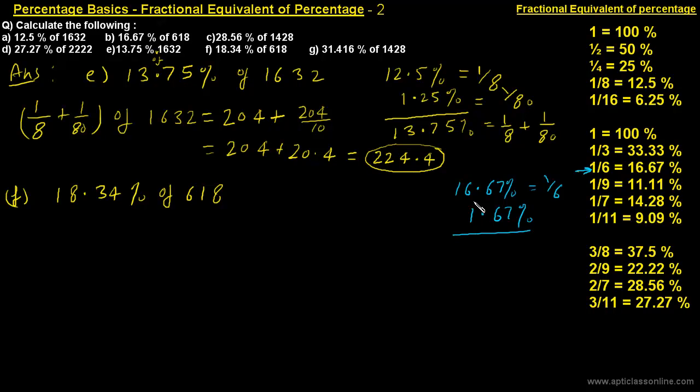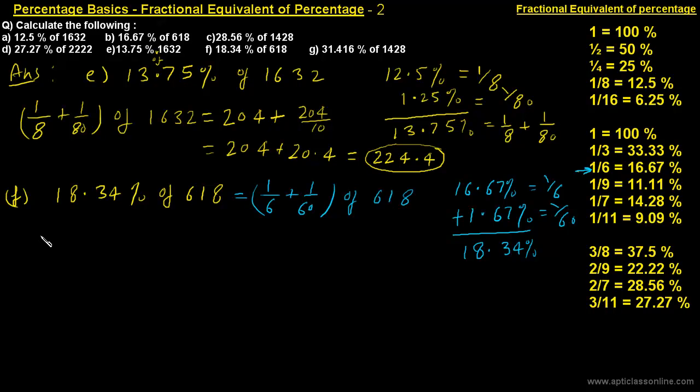If we add 1.67% to 16.67%, we get 18.34%. And 1.67% is equal to 1 by 60. Why? Because 16.67% is 1 by 6; divide both sides by 10, and you get 1.67% here and 1 by 60 there. So 18.34% of 618 is 1 by 6 plus 1 by 60 of 618.